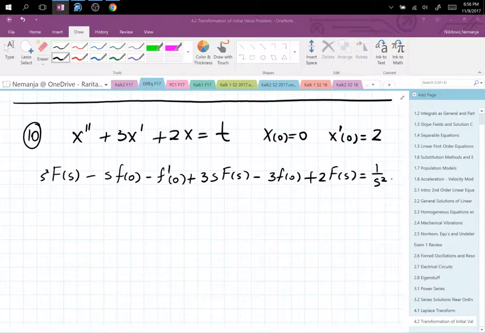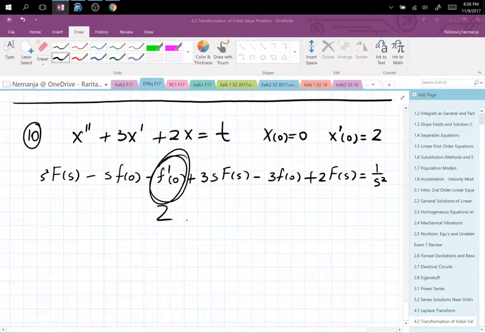I just expanded. Yes. Well, the whole thing over here will be replaced by 2 because that's what it's equal to, right?